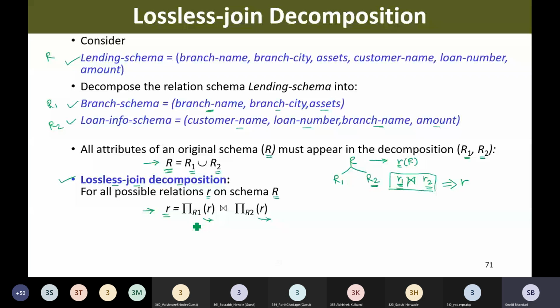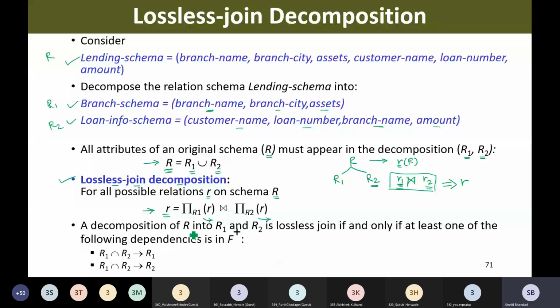Right? Now, let us see how we are going to test it in practice. A decomposition of R into R1 and R2 is lossless join if and only if at least one of the following dependencies exists in my closure F plus.